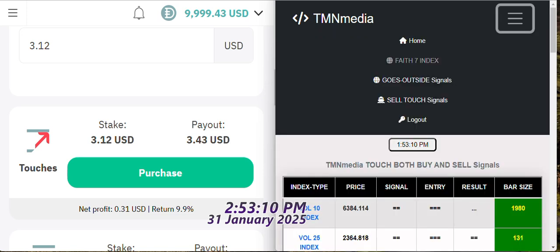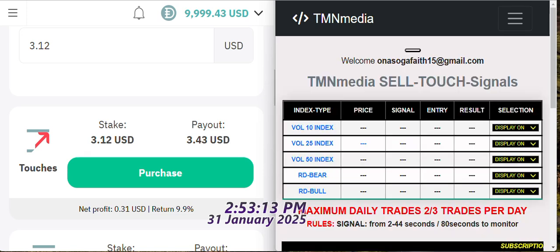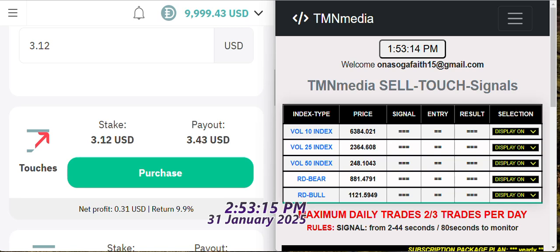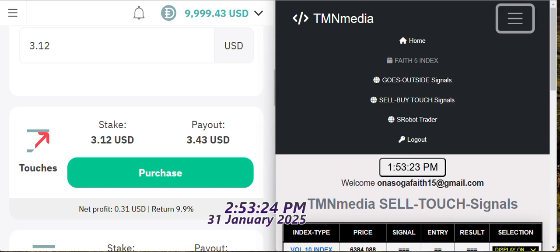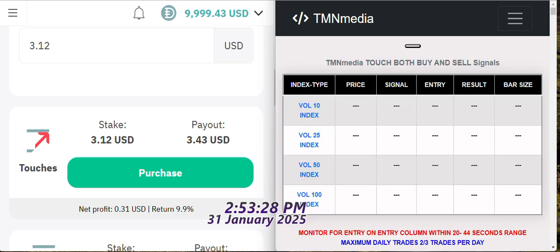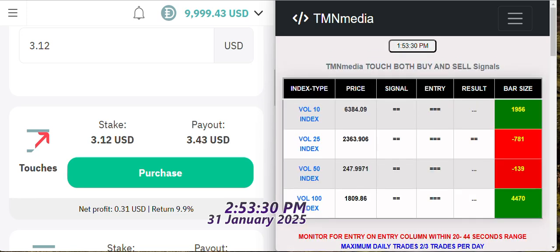The signal you have in the sell touch is not the same. This sell touch is the below 90 setup, while this buy and sell two-direction one is for 5 minutes. I'm explaining this so that you get to understand.